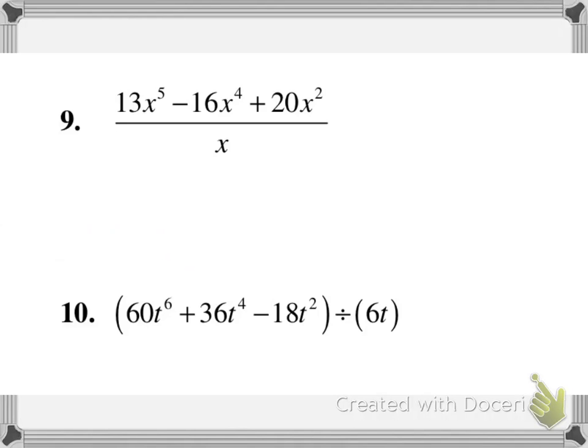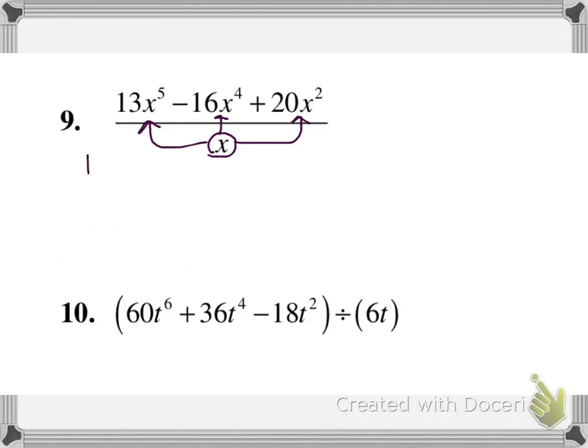Now on number 9, looks a little bit more complicated, but it's not too bad. What we have to do on these problems is take this x down here in the denominator and divide it into all the parts of the numerator. In other words, we actually have 3 little mini divisions inside this one problem.